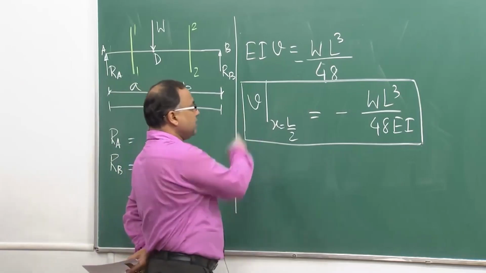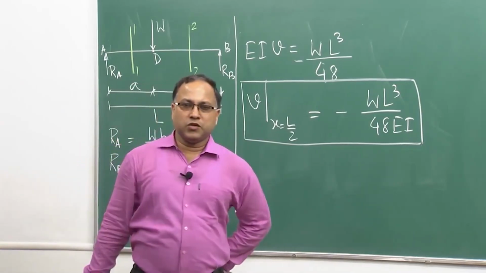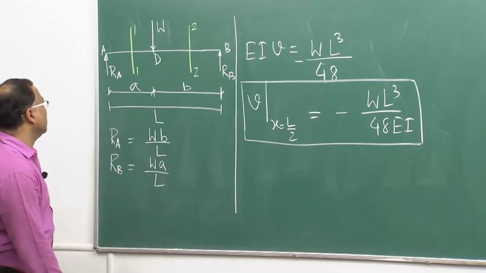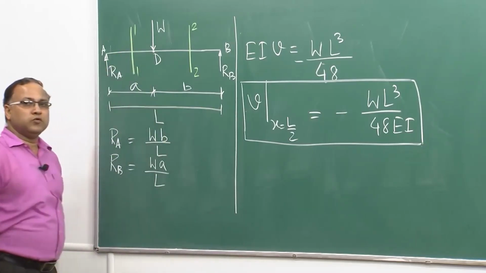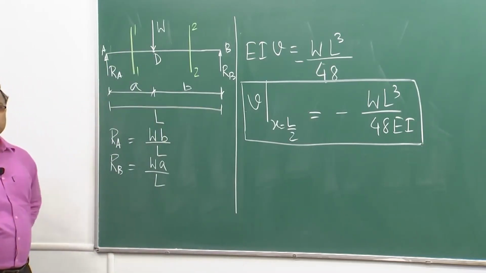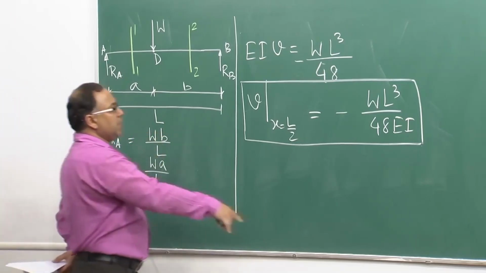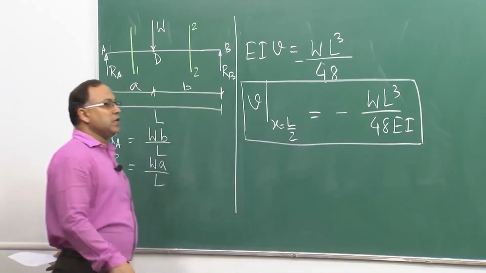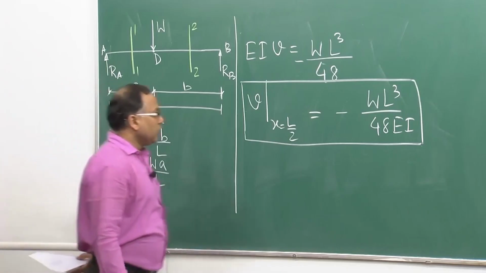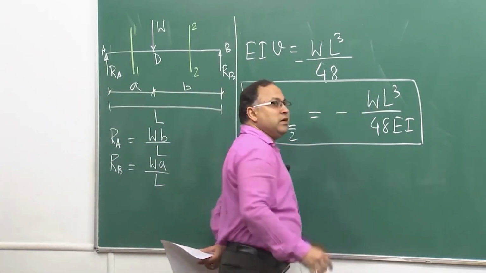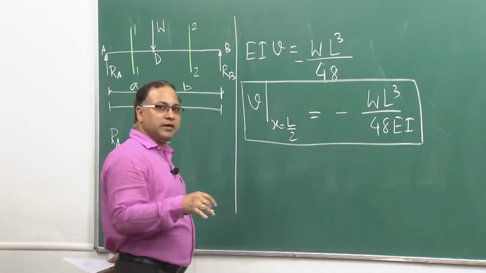And so, what does it mean? That means the central displacement, or the deflection of the beam under this load W, when A equal to B equal to L by 2, will be W L cube by 48 EI. Here you can see that as your W increases, your deflection also increases.